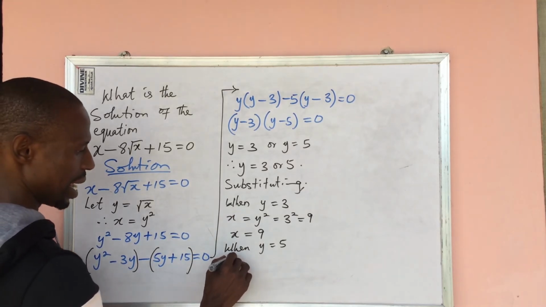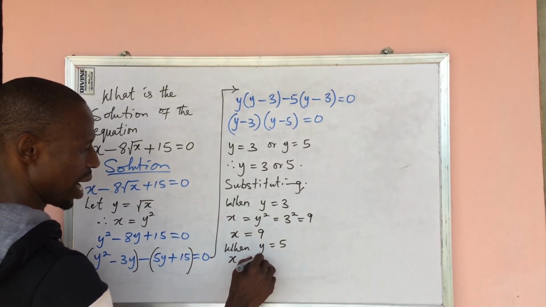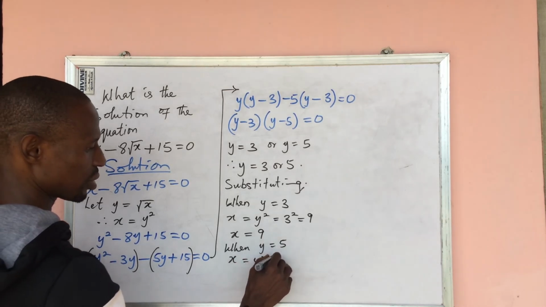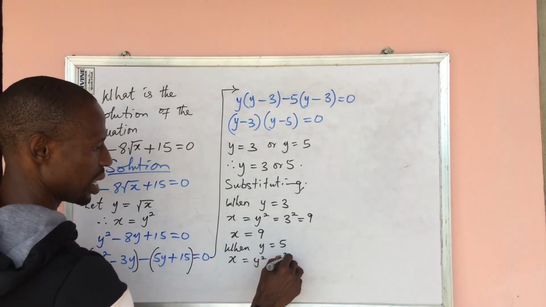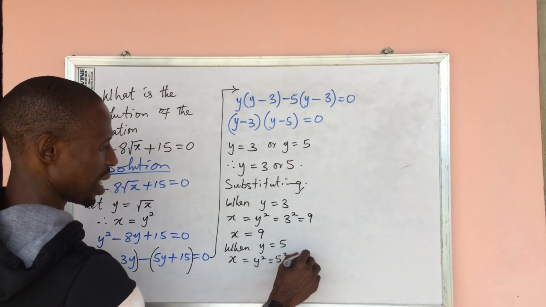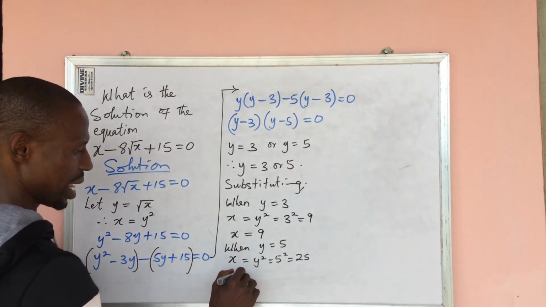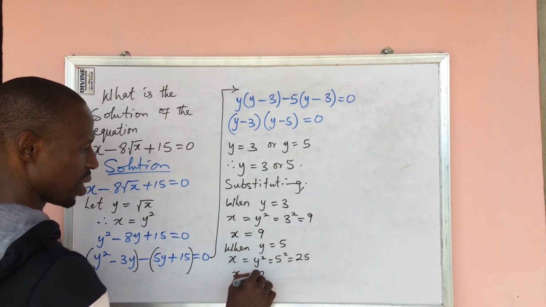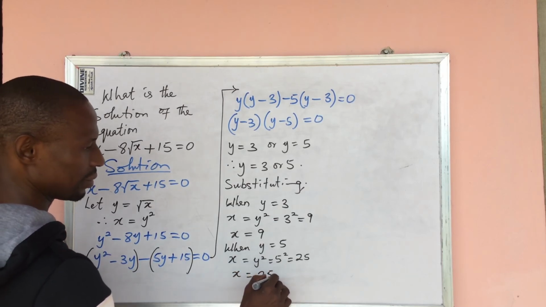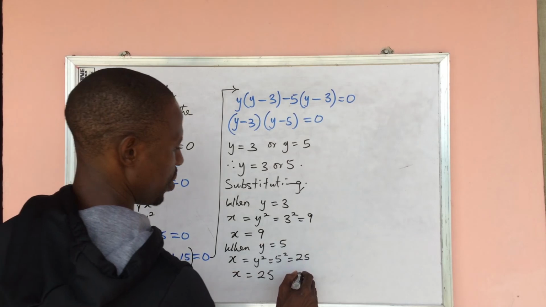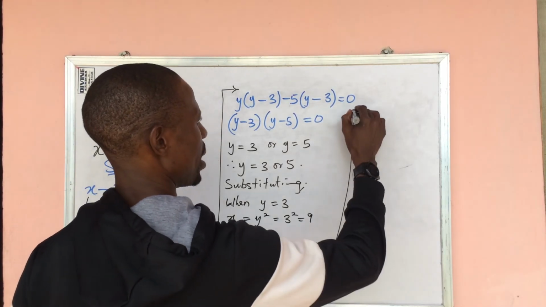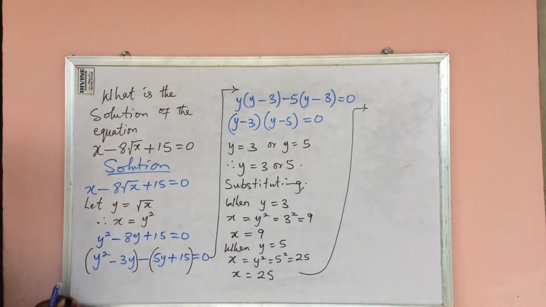We now say x is equal to y squared, which is equal to 5 squared, which is equal to 25. So therefore x is equal to 25.